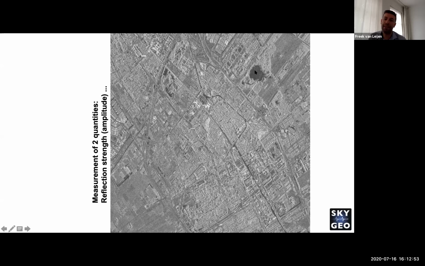So this is a lake. You also see areas where the reflection is much stronger, and these appear white. This means there's a very strong reflection of the radar signal. And particularly those are very useful for us to retrieve information on ground motion.